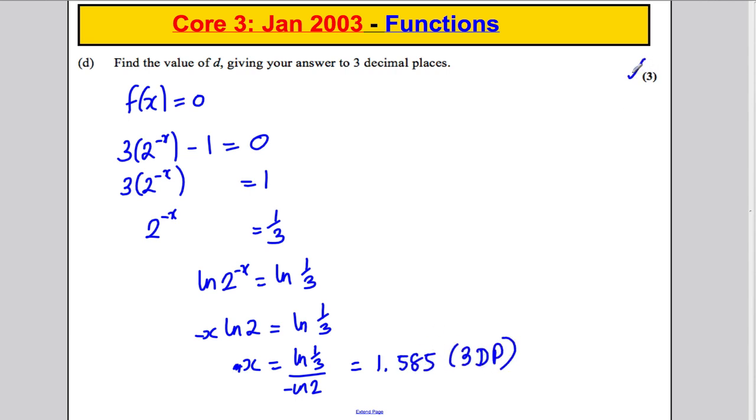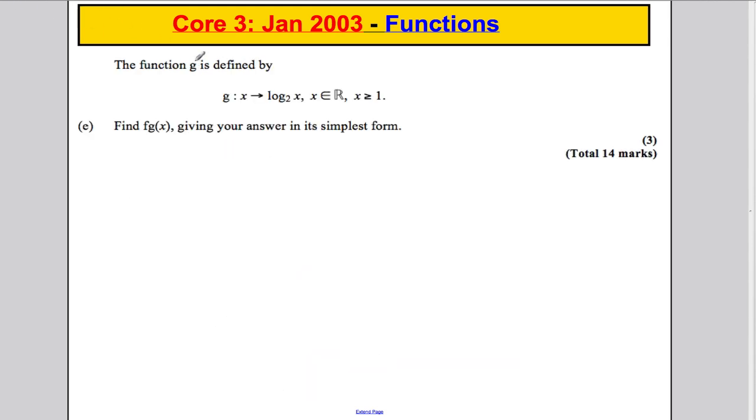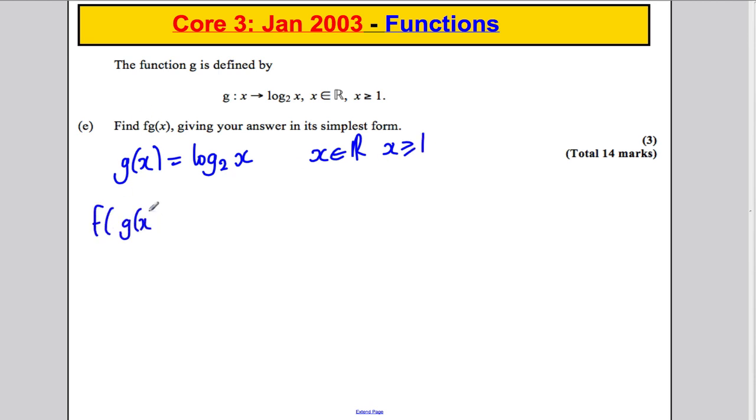That's part D done. For part E, it gives you another function. It tells you that g of x is log base 2 of x, x is a real number, x is bigger than or equal to 1. It asks you to work out f of g of x. So f of log base 2 of x.